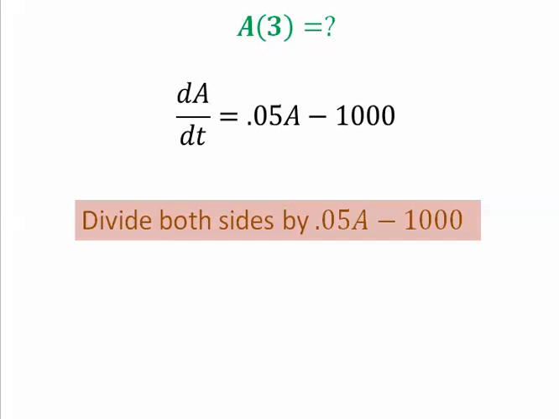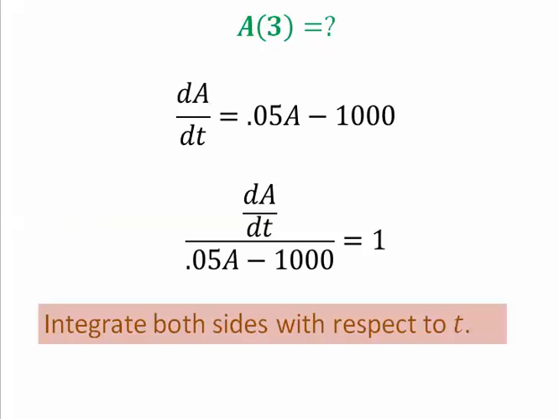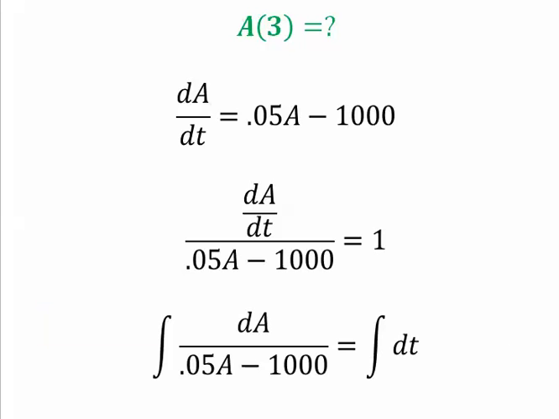First, divide both sides by 0.05A minus 1,000. And now integrate both sides with respect to t. Keep in mind that dA/dt times dt is just dA. So integrating both sides with respect to t gives us this.